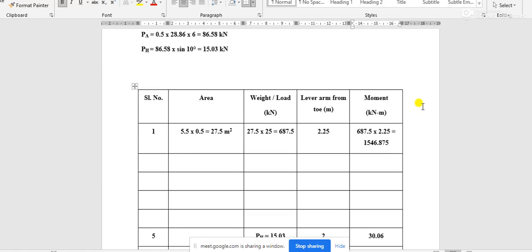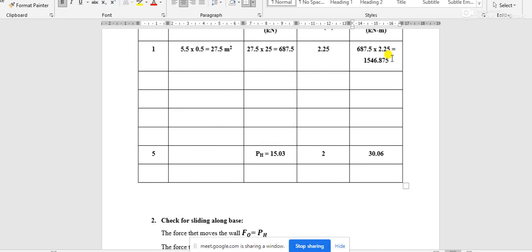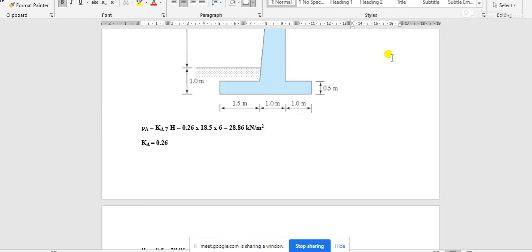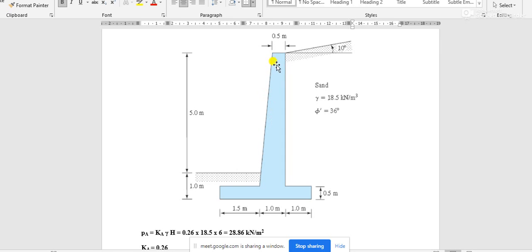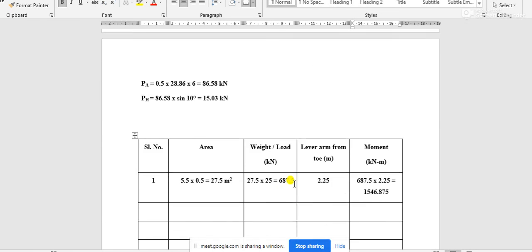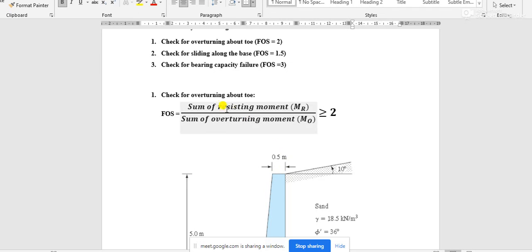Now, the weight of one part of the retaining wall is one of the resisting moments, so it will come in the place of resisting moment.